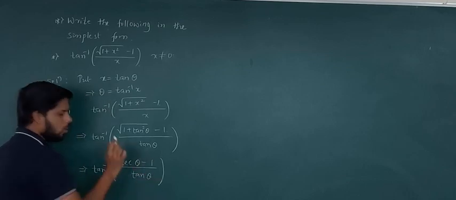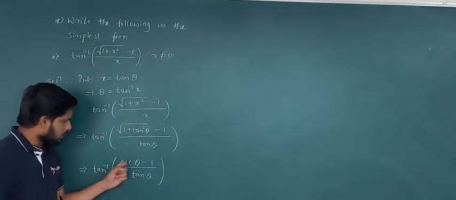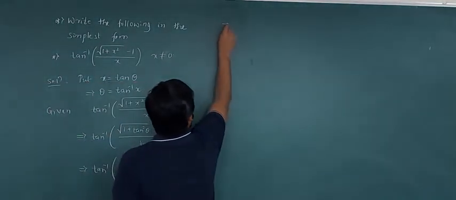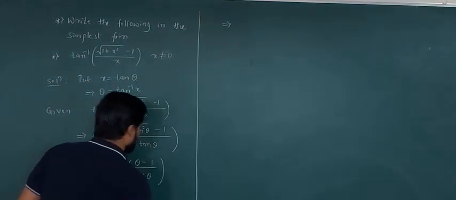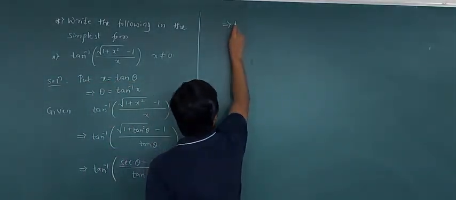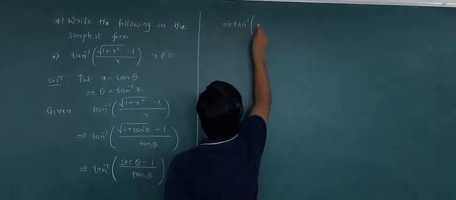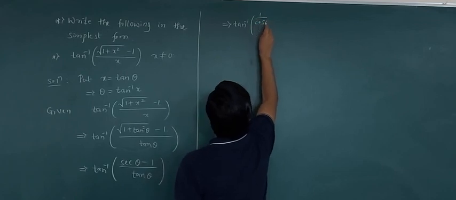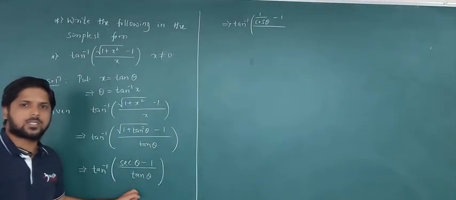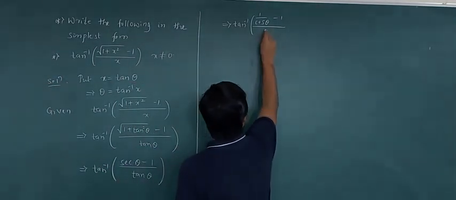Very important formula, 3 marks. Sec theta minus 1 divided by tan theta. This implies, sec theta can also be written as 1 by cos theta. So tan inverse of 1 by cos theta minus 1, divided by tan theta. We know that sin theta divided by cos theta is equal to tan theta.